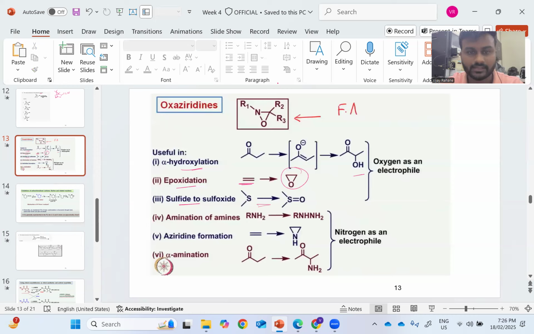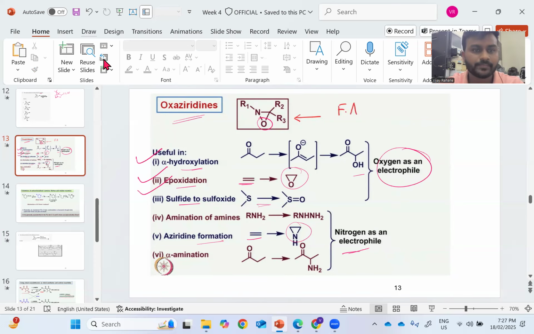So we can use the oxaziridine as a reagent. Also, we can use it for aziridine formation, from alkene to aziridine, where nitrogen is used as an electrophile. So it is quite a good reagent. It can donate the electrophilic oxygen in the first, second, and third reactions.